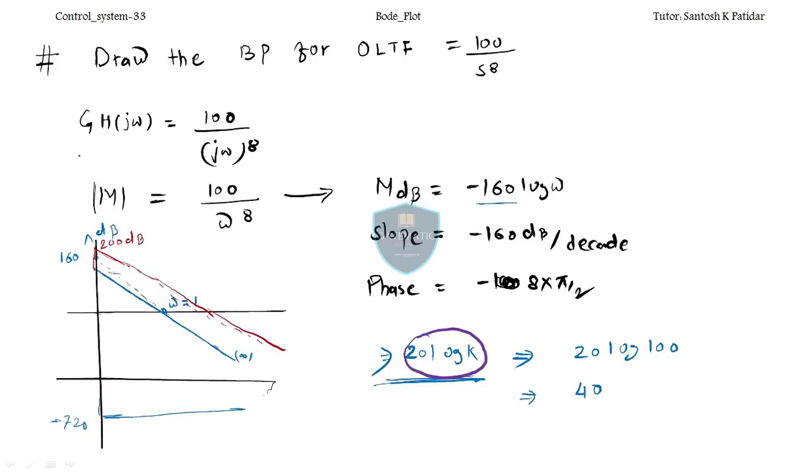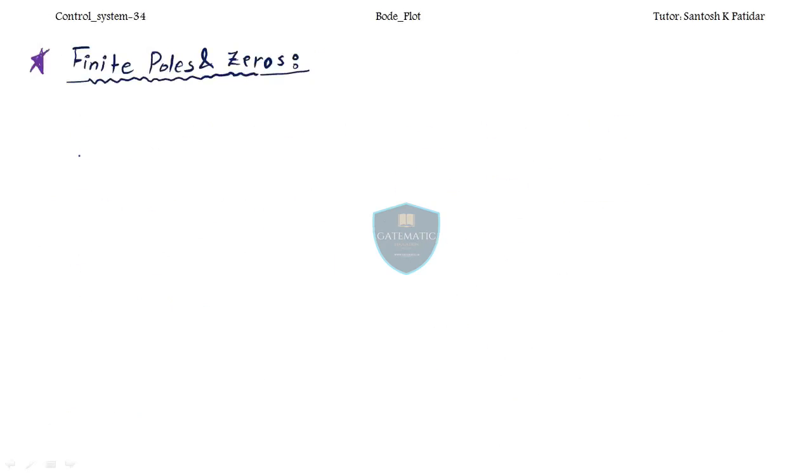Now let's come to the finite poles and zeros. The open loop transfer function G(s)H(s), I am taking as 1 over (1 plus s tau) to the power n. This is my standard format. Always I'll write in 1 plus s tau form. This tau is the time constant.